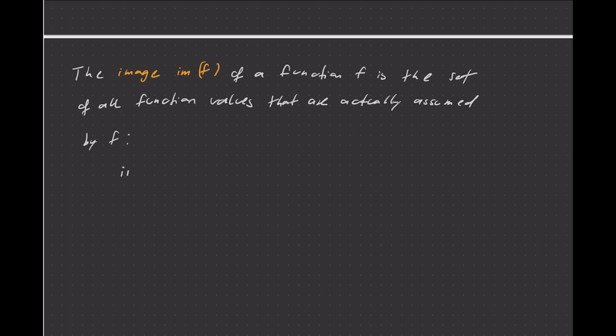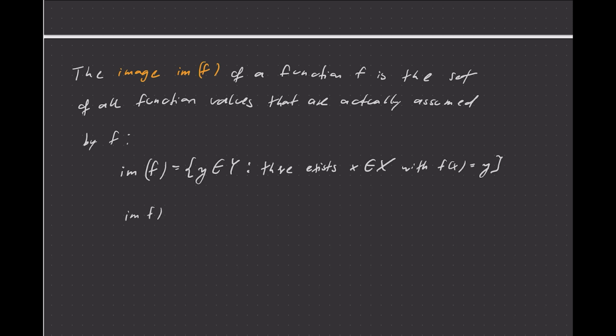So in more formal terms, the image of f is the set of all y in capital Y, so Y is the codomain, such that there exists some x in the domain, capital X, with f of x equals y. And of course, the image of a function f is always a subset of the codomain Y. They might be the same, but Y could also be larger than the image.